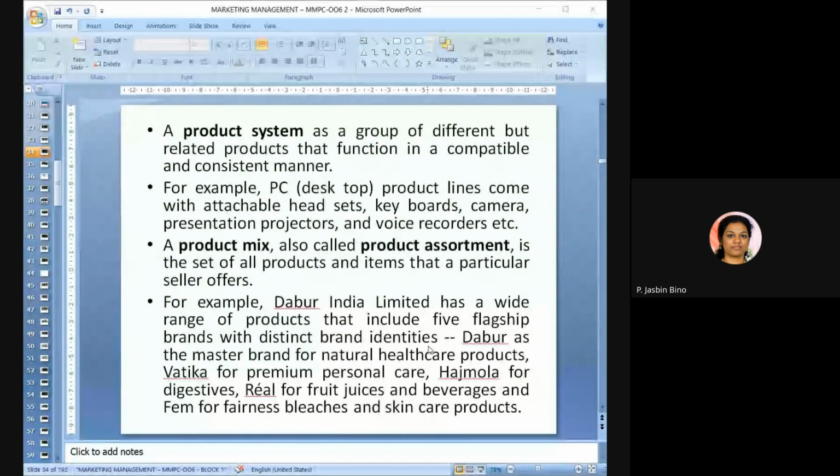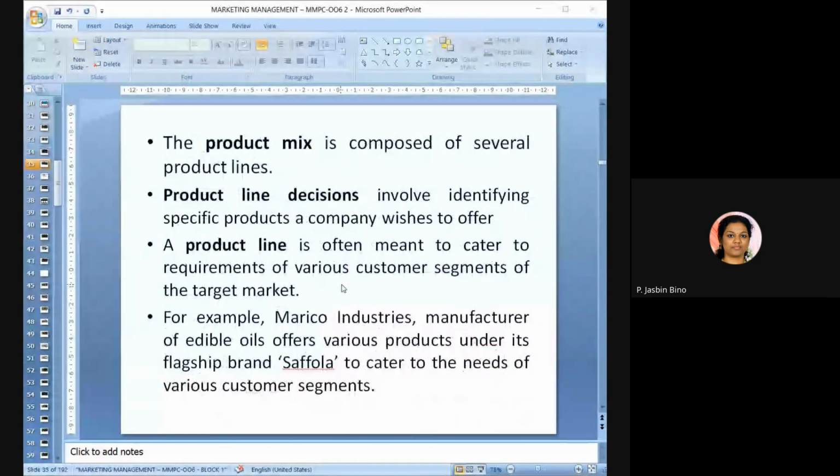So these are all the product mix or product assortment of Dabur India. When a company offers different product lines, all these product lines composed together is what is known as product mix or product assortment.